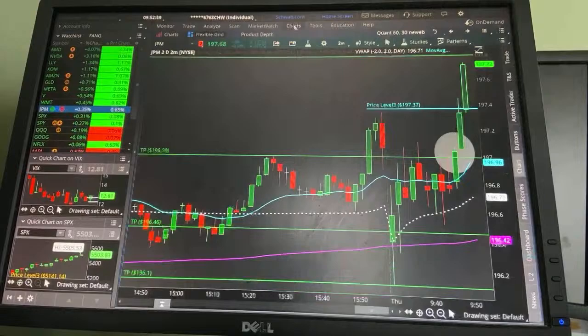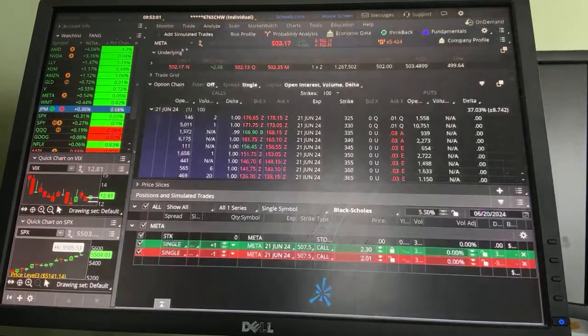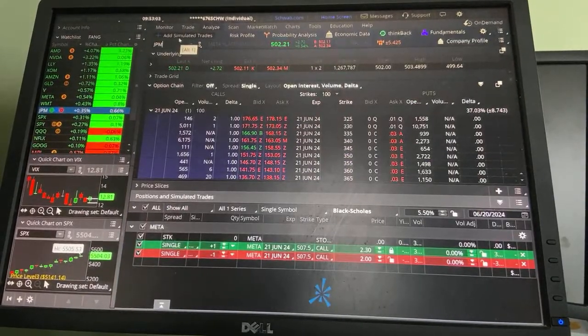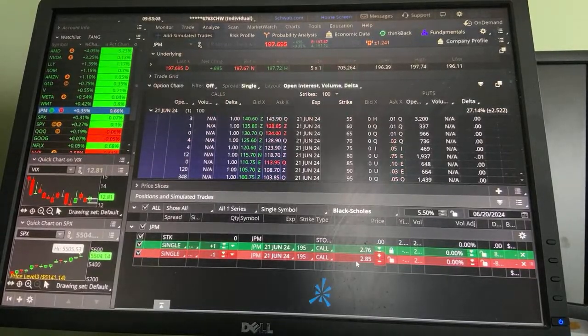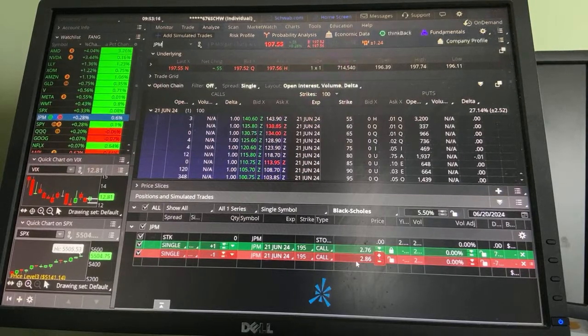Meta, grindy. JP Morgan, might be able to TP a little bit of JP Morgan here, especially considering that spread is annoying. If you wanted to scalp a little bit here, just real quick, I mean, that's really not that much there on JP Morgan.